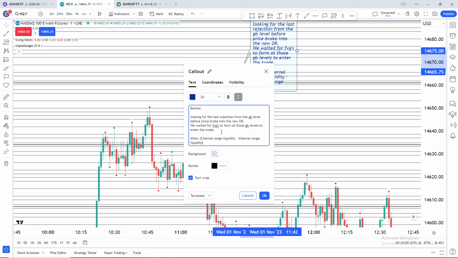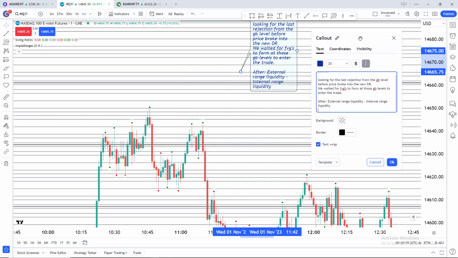Okay, so we are going to look only for the external range liquidity rejection from the GB level, and we are going to only reference that level in the next DR. And if an FEG is created at that level or at the opposite GB level, we are going to take a trade. Okay, so let's analyze this and see how many trades we could have won using the new change.